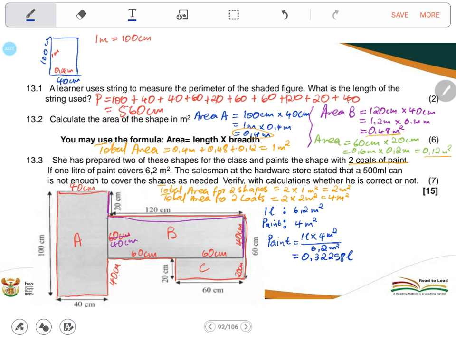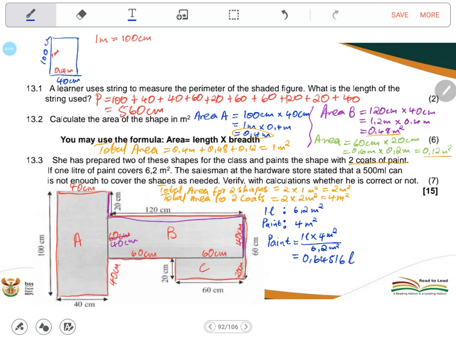I just need to confirm this with my calculator. So we have 4 divided by 6,2, and I'm afraid I've been incorrect, so this should give us 0.64516 liters.